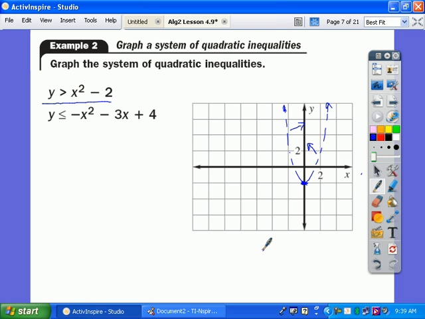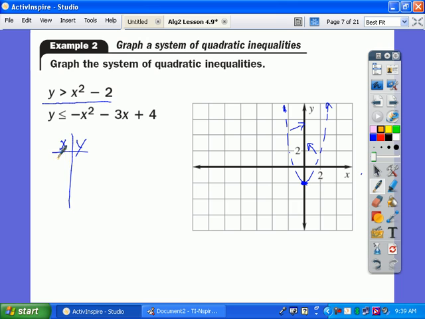Now this is a little bit different than the other inequality that we just graphed. So I'm going to recommend just going with an XY table approach, unless you're using a graphing calculator, which obviously won't have any problems with it. But for the second one, I'm going with an XY approach, and I'm just going to try to get some X values and get this close enough.